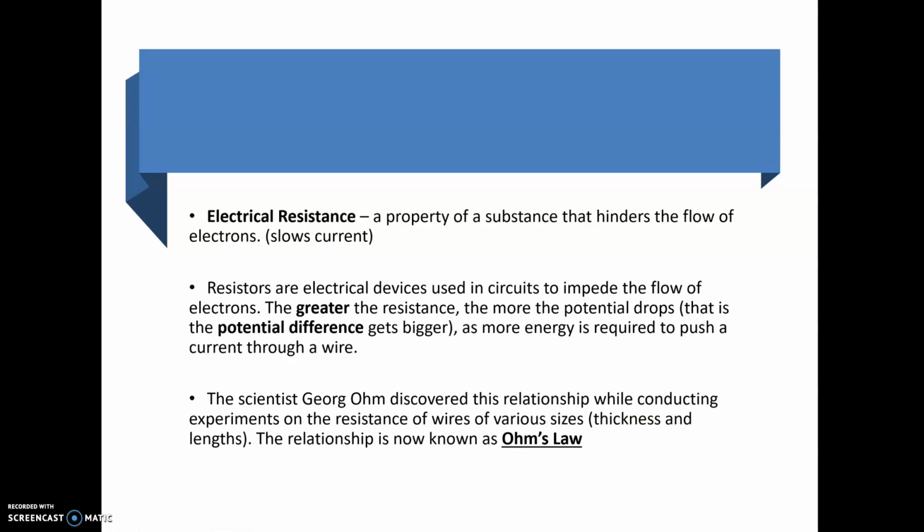He was basically the first scientist to publish results of these experiments on the resistance of various sizes and lengths of wires. That's why we simply call these devices resistors, because they resist the flow of current. And this relationship between current and potential difference is known as Ohm's law.